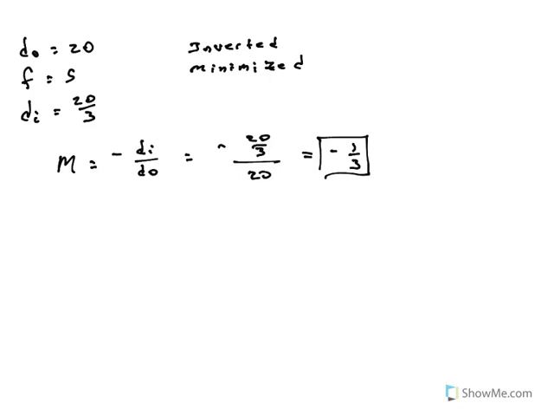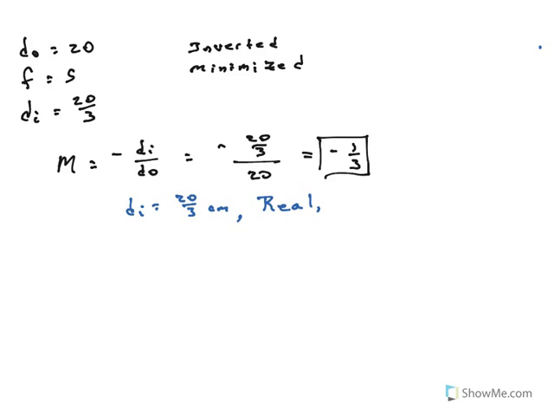So, what's our final answer for this problem? Well, first of all, we wanted to know what's the image distance. DI is 20 over 3 centimeters. Then we wanted to know three characteristics. Well, image distance of 20 over 3 was a positive number, so I know this is a real image.